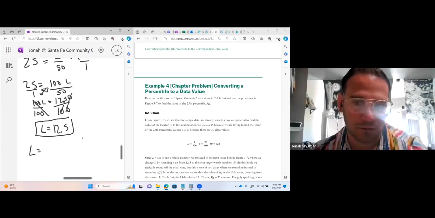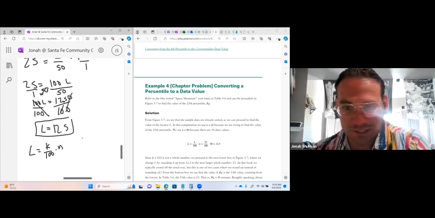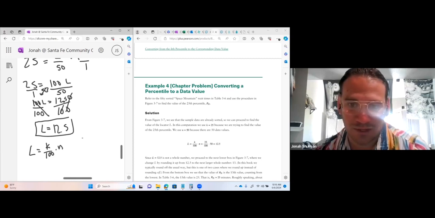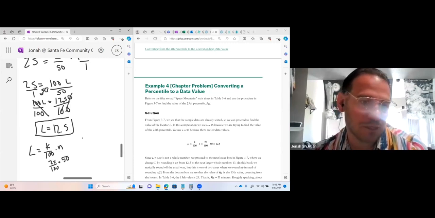So L equals K over 100 times N. I don't like it, but you still get the same answer. L is what we're looking for. The K is the value, so that's the 25. And the N is how many terms we have, and we had 50 terms. Either way, you end up with the 12.5.